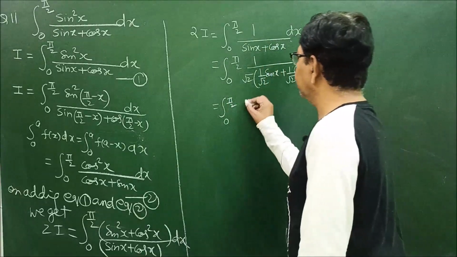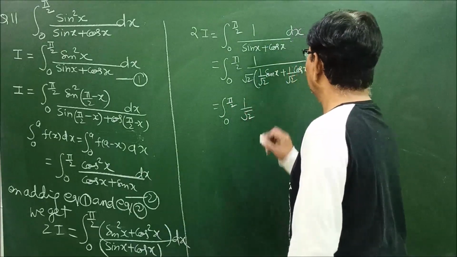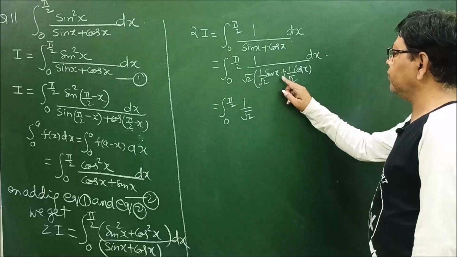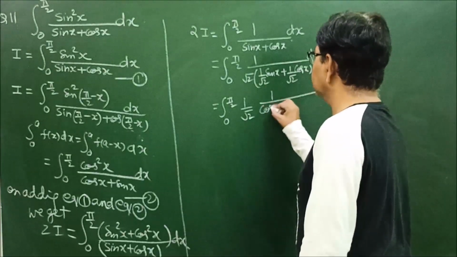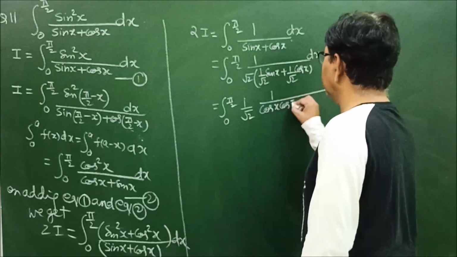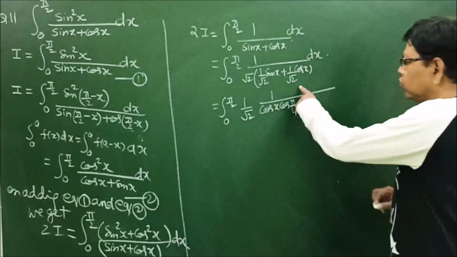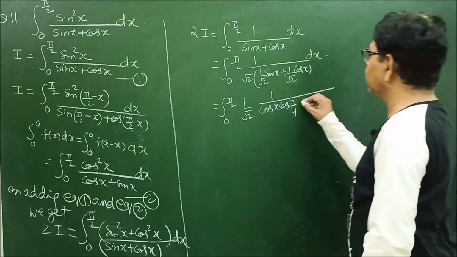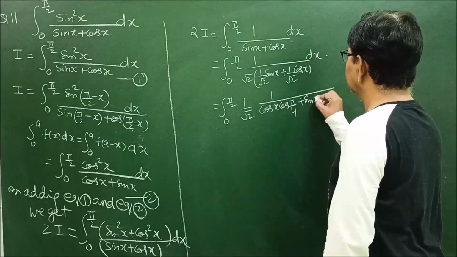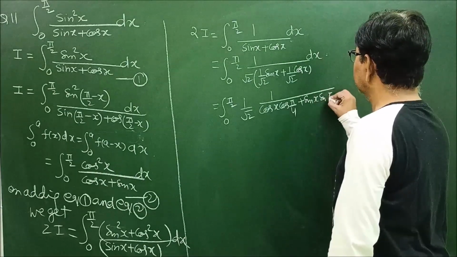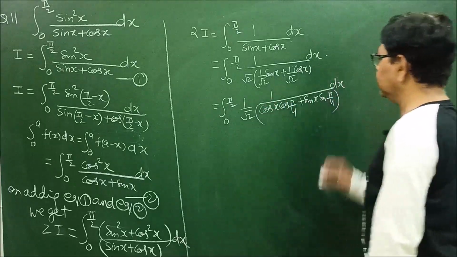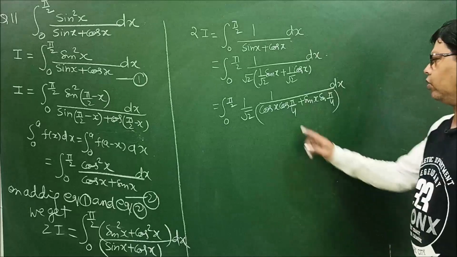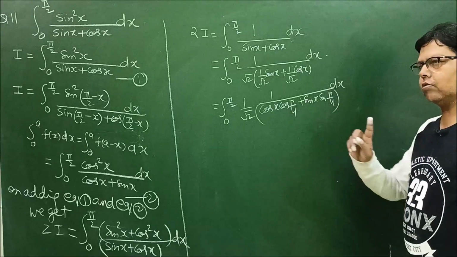And now 1 upon root 2 cos x is cos x cos pi by 4 plus sin x sin pi by 4. I can write this as cos x, and the value of cos 45 is 1 by root 2, plus sin x sin 45, which is the formula of cos A cos B plus sin A sin B, cos of A minus B.